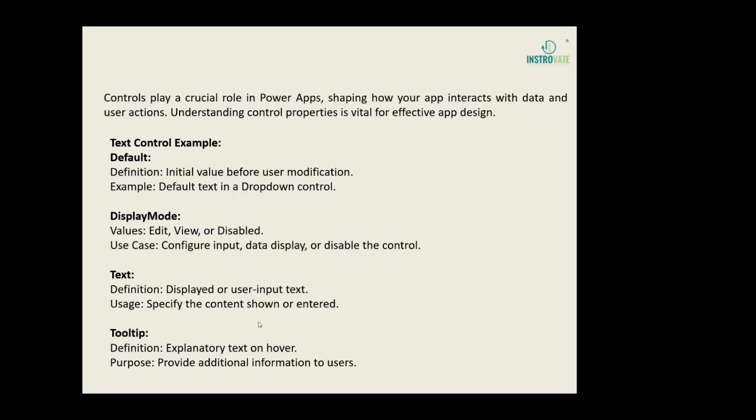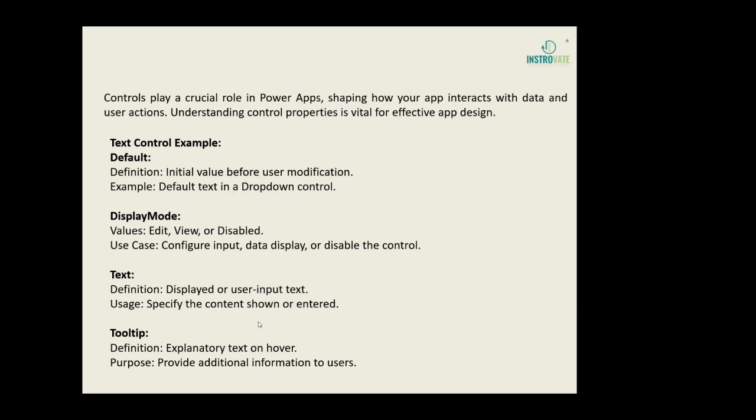Understanding control properties is vital for effective app design. For a text control, the Default property is the initial value before user modification. The example is default text in a drop-down control.